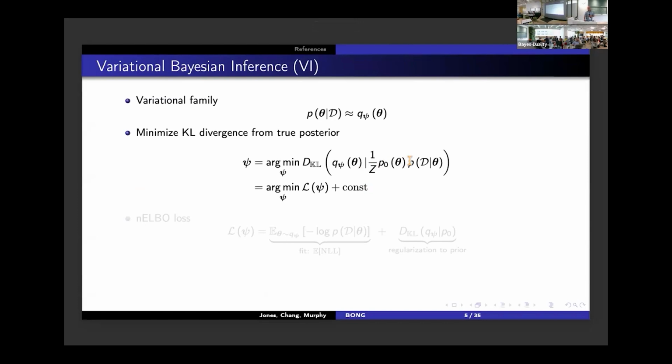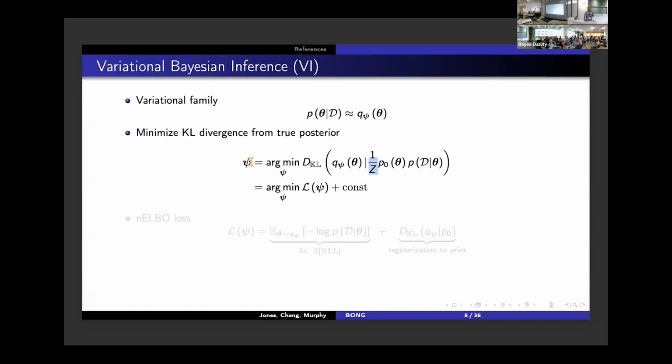So you have your prior times your likelihood, standard Bayes rule update. The one nice thing about VI that I think everyone knows is that the normalization term drops out of this, because it just contributes a constant to the KL divergence that doesn't depend on psi, so we don't have to normalize.